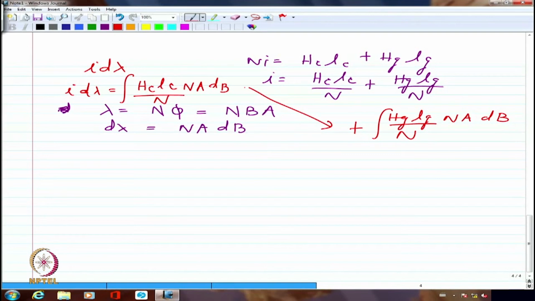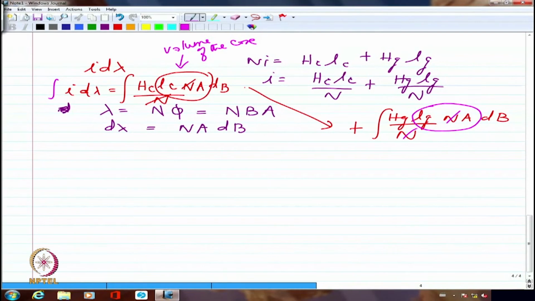Right? So I should be able to write it like this. Let me cancel these, and A into Lc I can write as the volume of the core. Similarly, this N and this N are cancelled. A multiplied by Lg, I should be able to write as the volume of the air gap.